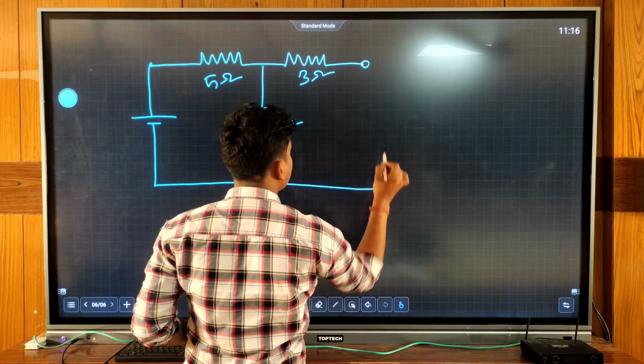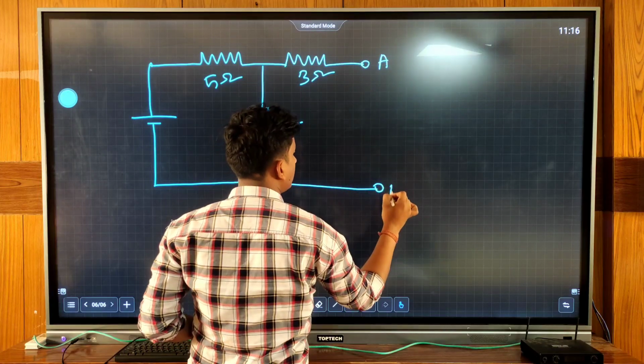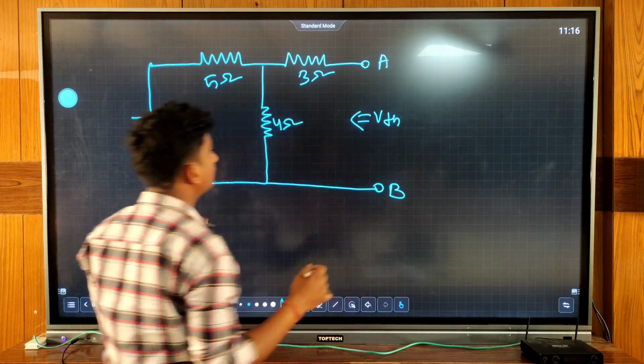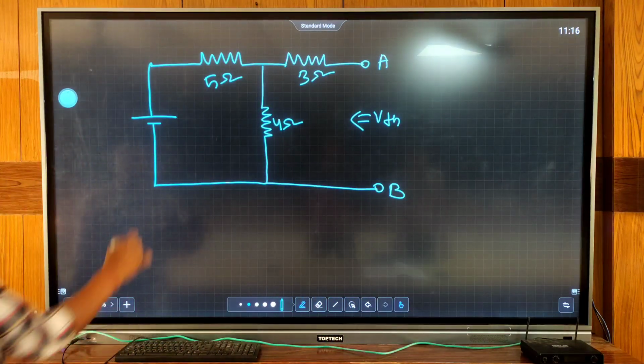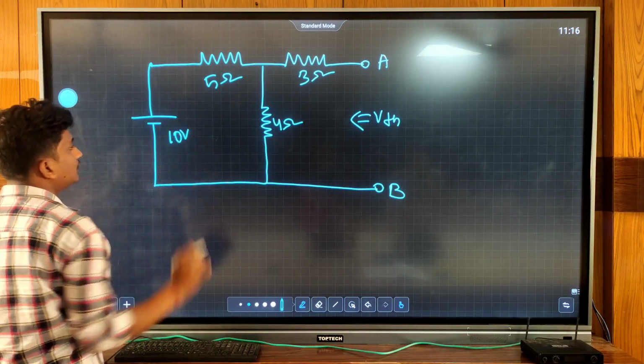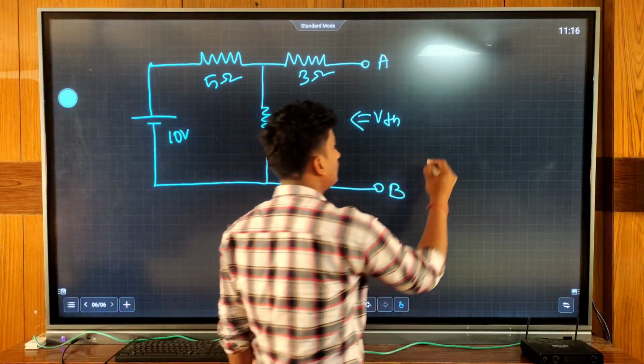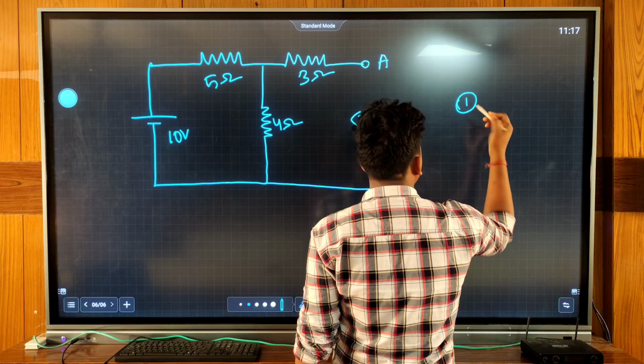So voltage is calculated across these 2 terminals, A and B. So we have to measure VTH across A and B. This is my 10 volt voltage source. So we can apply this circuit, or we can calculate by 3 methods.